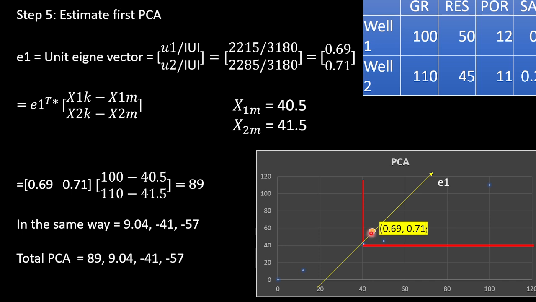So you have located, you can see a yellow color dot is there, which is representing your eigenvector values. So that is your 0.69, 0.71. So you got it over up to here. Then from here what you have to do is, you need to draw a line which is touching towards your axis and extend it towards both sides. You can extend it down as well as towards the top side.